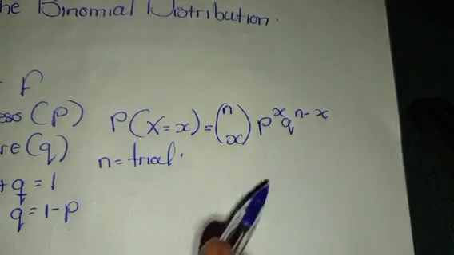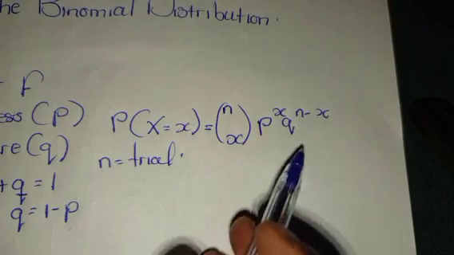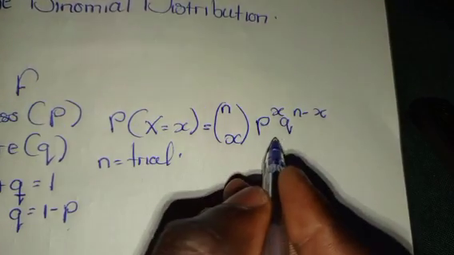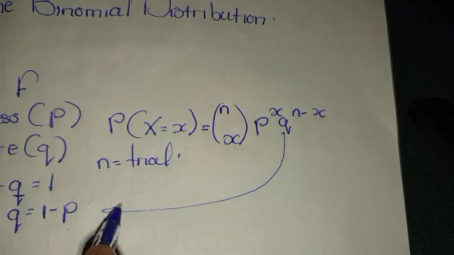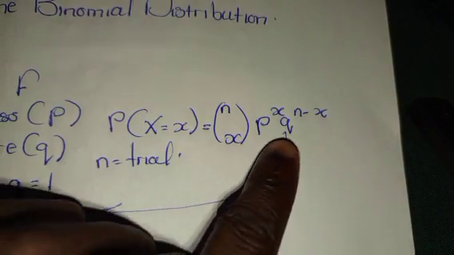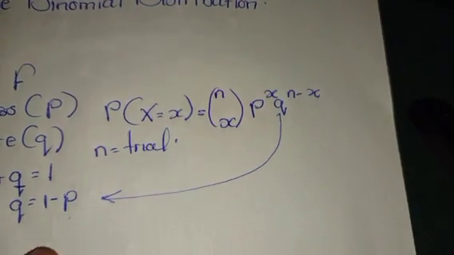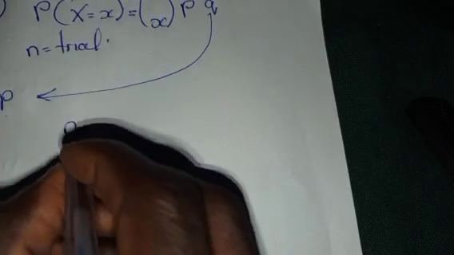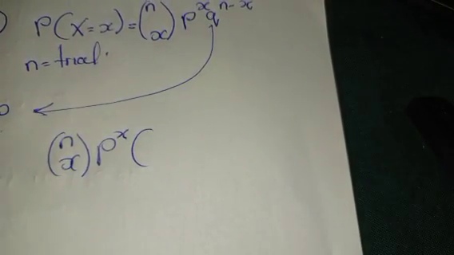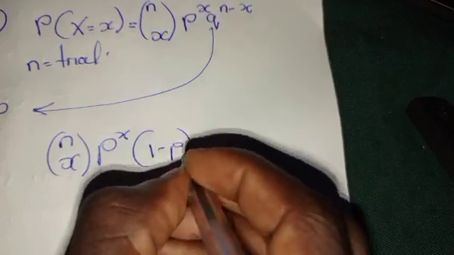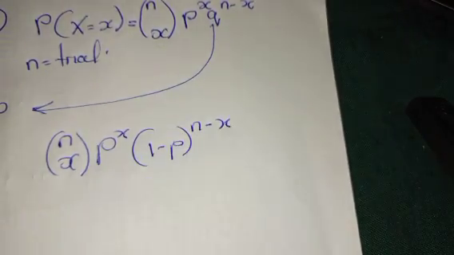where q is the same as what we have there. So let us replace q with 1 minus p. If we replace, we get this as our result. So n combination x, where p is success, and we are replacing q, where q in this context is 1 minus p, to the power n minus x.